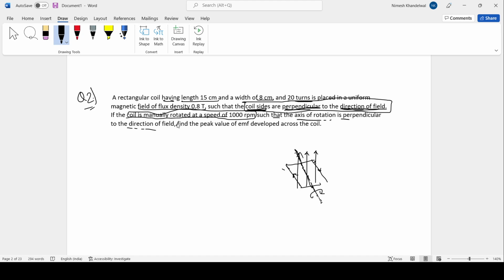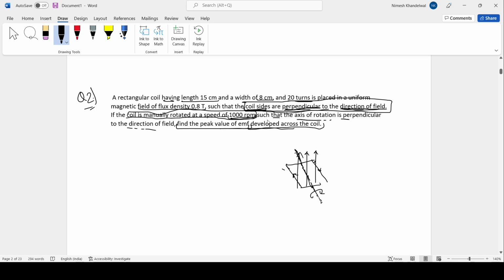Now we want to find the peak value of EMF, the electromotive force, or what we also call the back EMF, developed across the coil. Basically, if you are manually rotating the coil at this given speed, at this given orientation, what is the value of EMF that is developed across the coil?